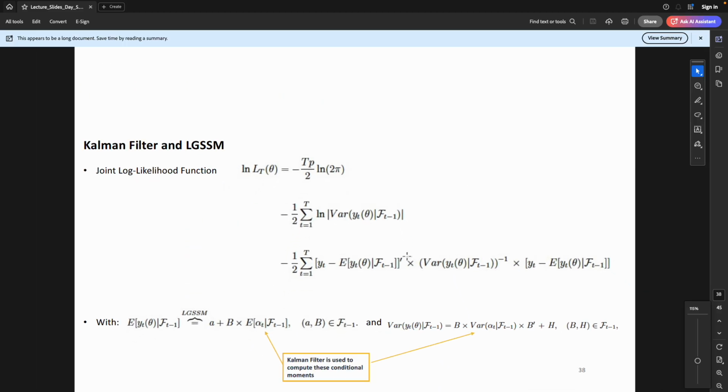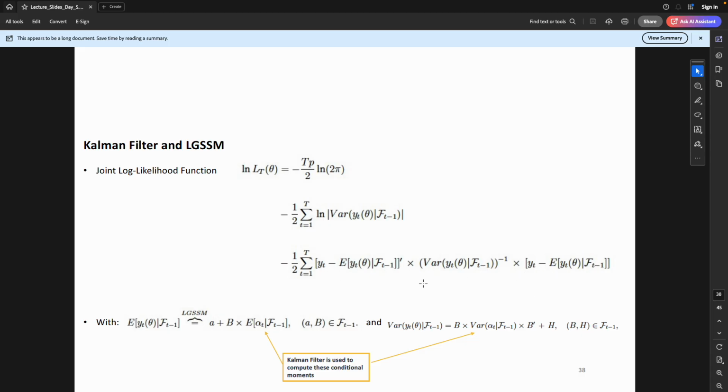So let's look at what the likelihood would look like. This is the expected log likelihood. So the log 2 pi is unchanged. I come to the variance, and then we have here the prediction error scaled by the precision, the inverse of the variance, and then here the prediction error. Good.